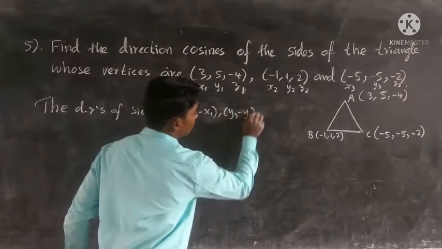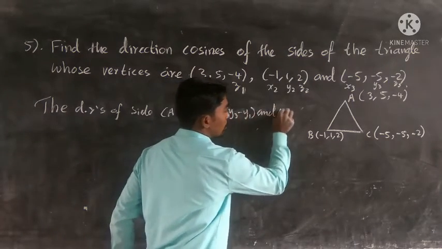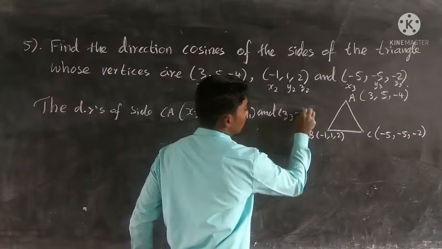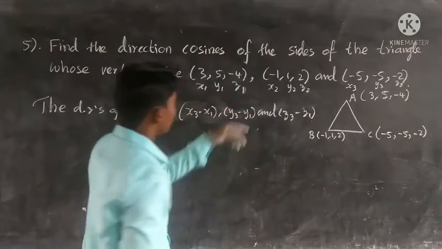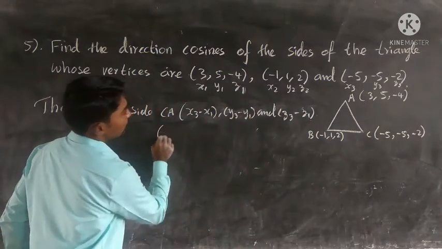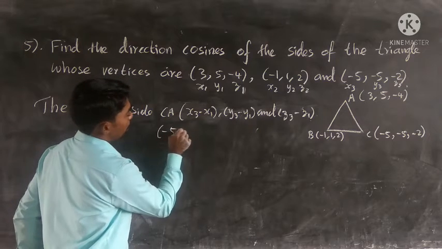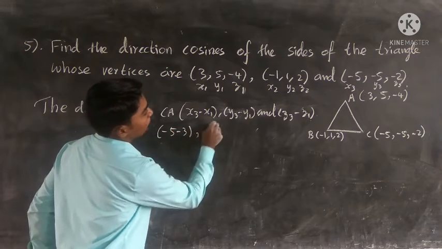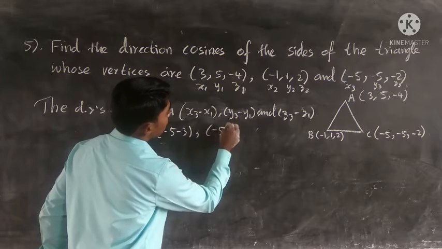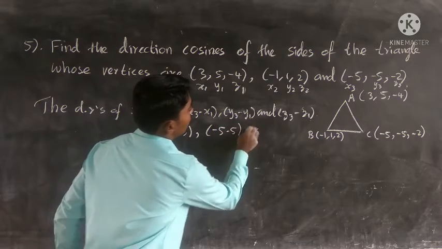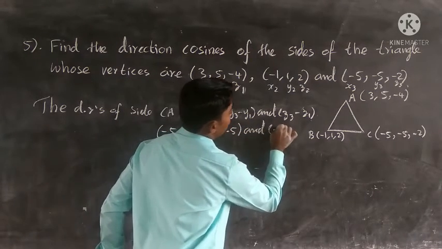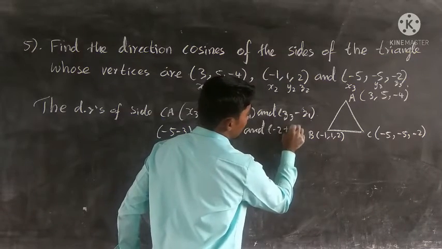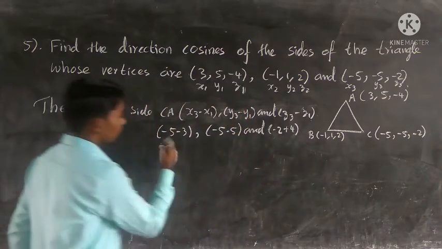Now substitute the values. We will get -5 minus 3, -5 minus 5 and -2 minus (-4), that is plus 4. Simplify it.